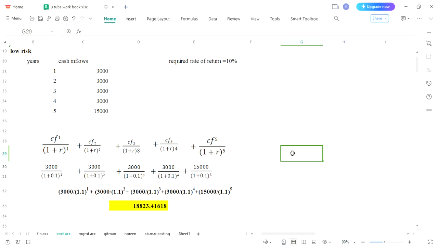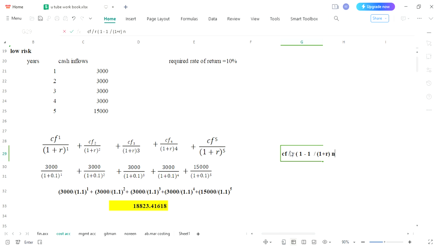For collective formula, as you know that CF would be divided by small r, and then you will start your bracket 1 minus 1 divided by 1 plus r, and then raised to power n would be taken.